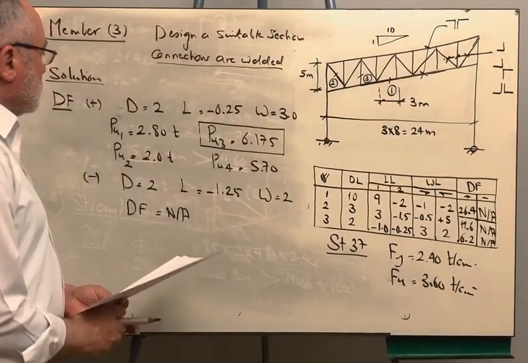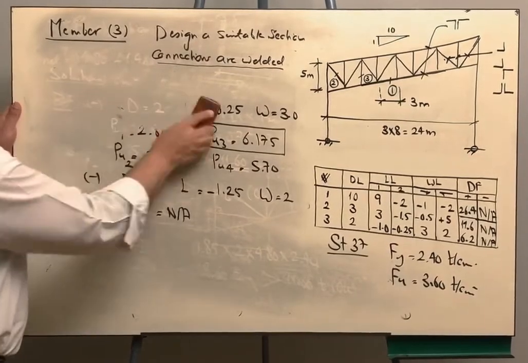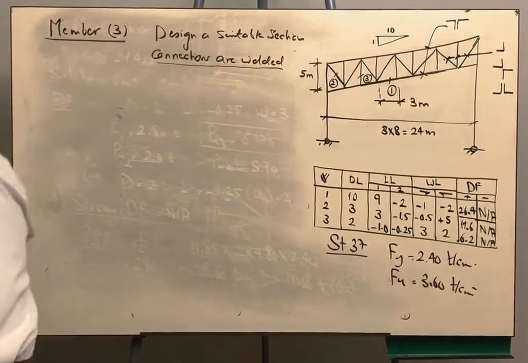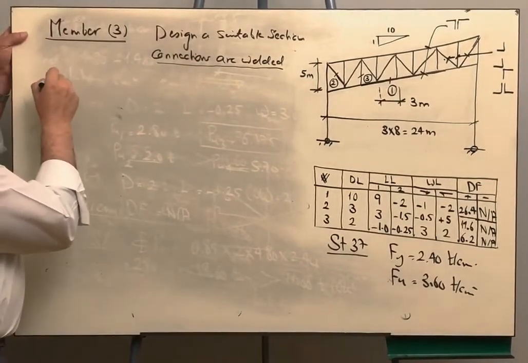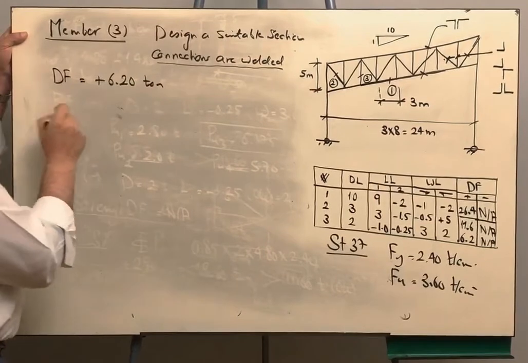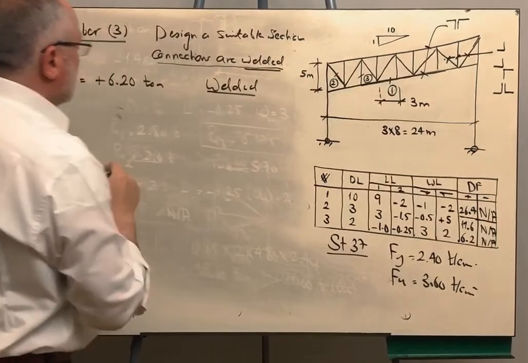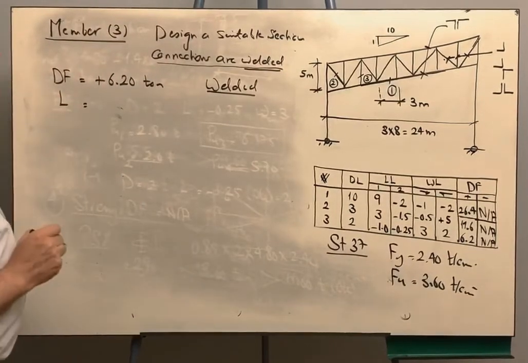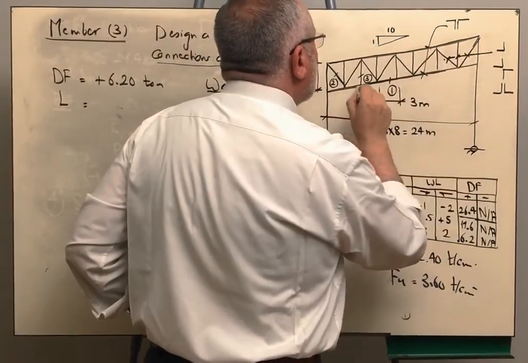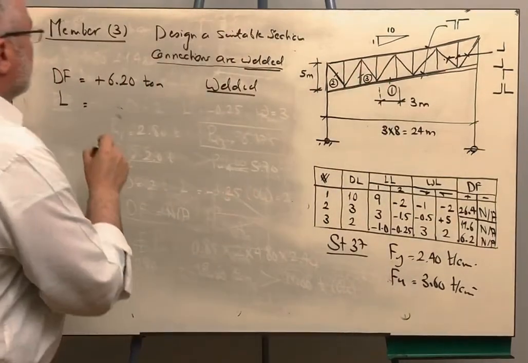Okay? So let us start the design process. So we are having here the design force is positive 6.2. The connections are welded as we stated here, and the length of the member, of course this line here according to the geometry given is parallel to this line, and this distance is 5, so this is 5 meters.